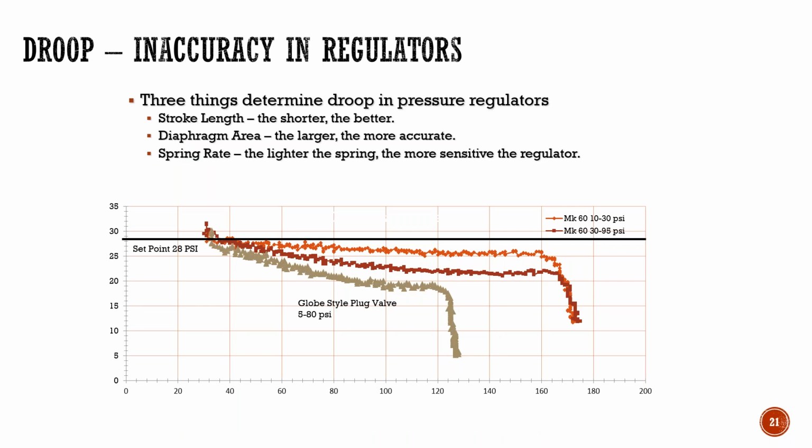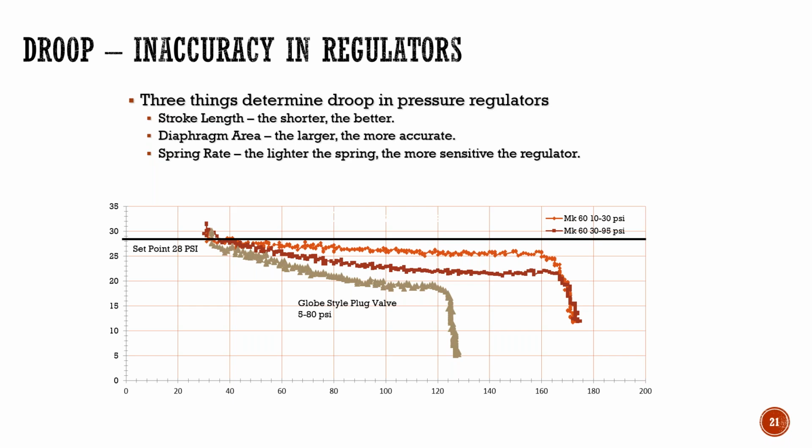The three different curves. The top curve, you can see where that's relatively flat. Pretty good regulation, actually. Pretty good pressure regulation. And then it's off. But what's different here is it's a valve that has a very short stroke length.